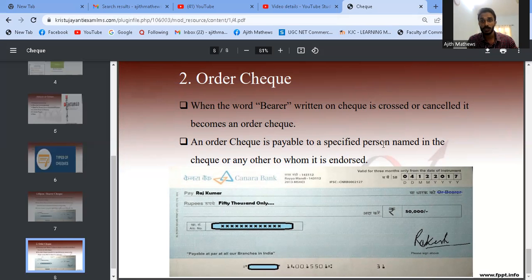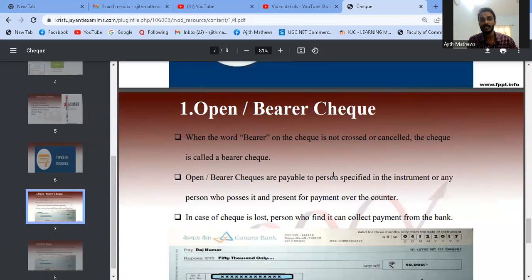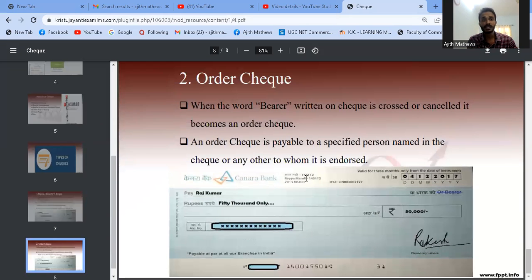An order check is payable to a specified person named in the check or any other person to whom it is endorsed, right? So there is clarity as to whom it has to be paid. That is the speciality of an order check. In the case of an open check, there is no clarity. Whoever carries the check can withdraw the money from the bank. In the case of an order check, the name of the beneficiary, the name of the payee, is clearly mentioned on the face of the check, so only that person can withdraw the money from the bank.